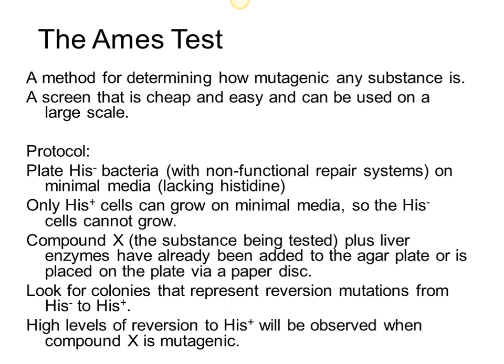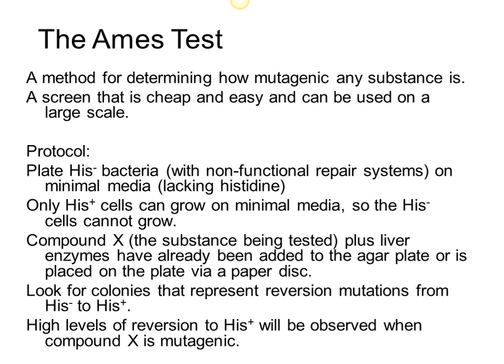Because you wouldn't want to develop a new pharmaceutical drug, spend a lot of money and time researching it, if you found out in the end that it was a mutagen, because mutagens are cancer-causing compounds. And so the Ames test is a method to determine how mutagenic any substance is, and it's a screen, which means it's a way of cheaply and easily and quickly getting some results on how mutagenic a chemical is.